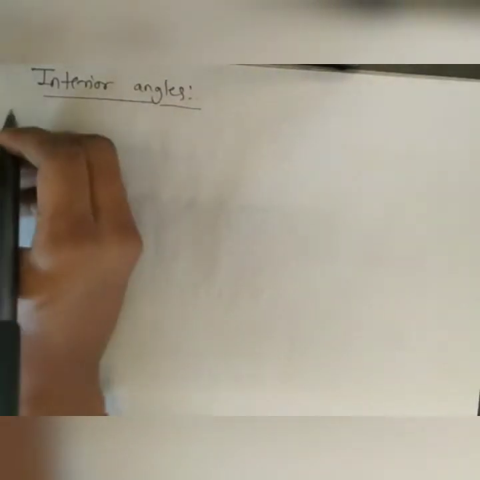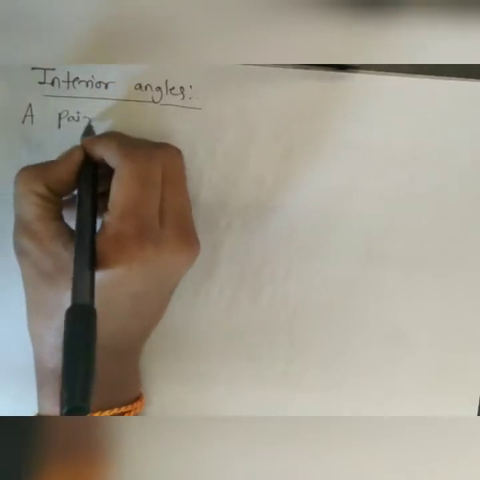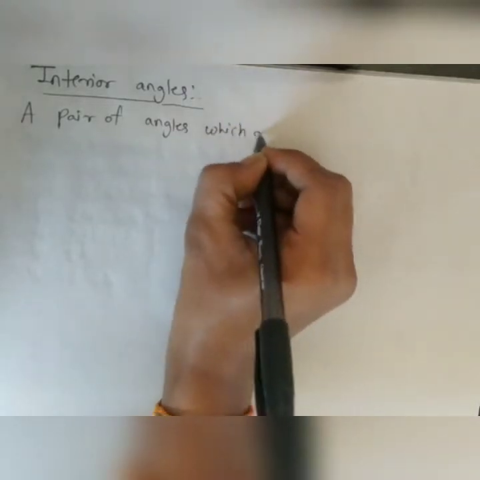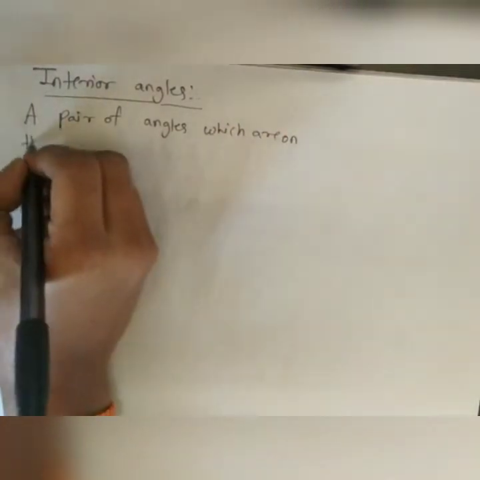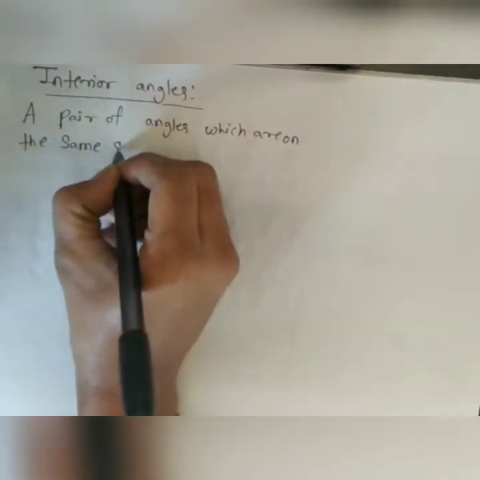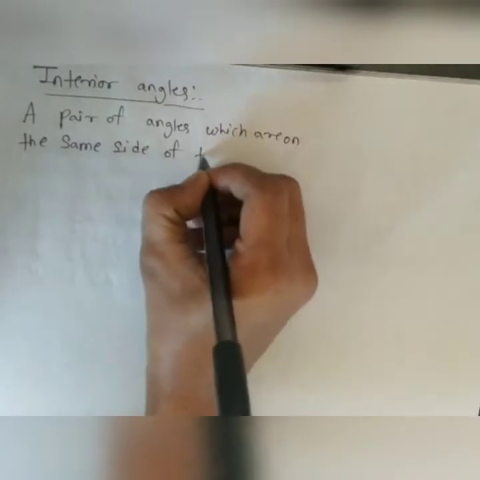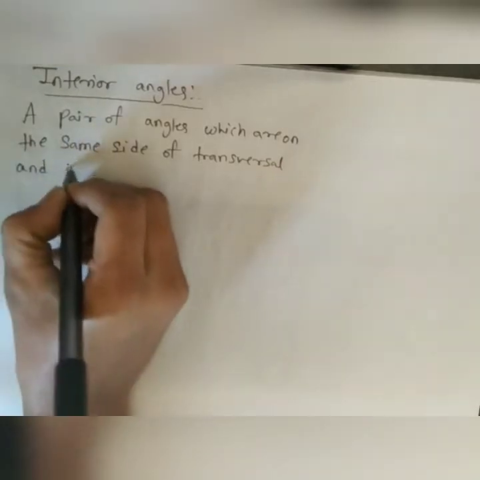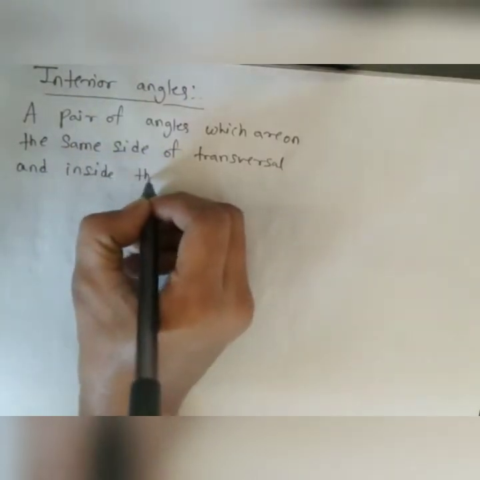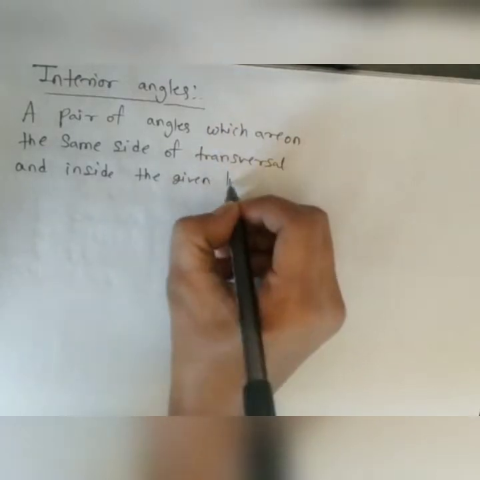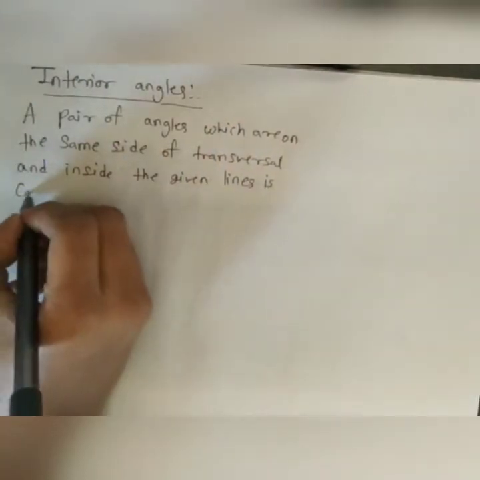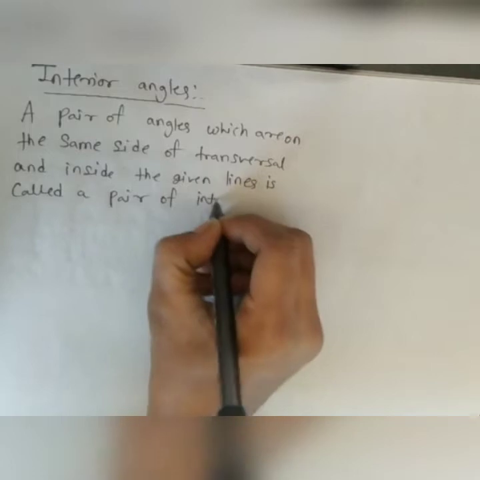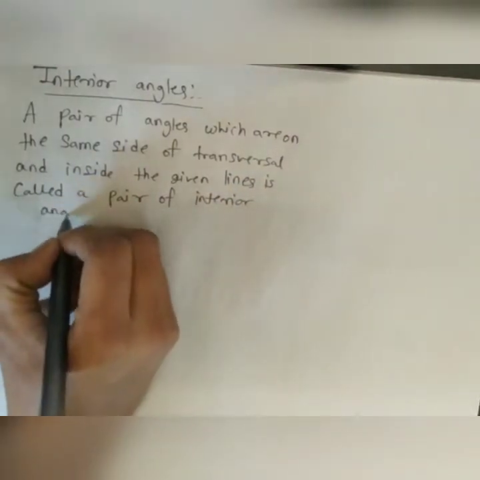In interior angles, a pair of angles which are on the same side of the transversal and inside the given lines is called a pair of interior angles.